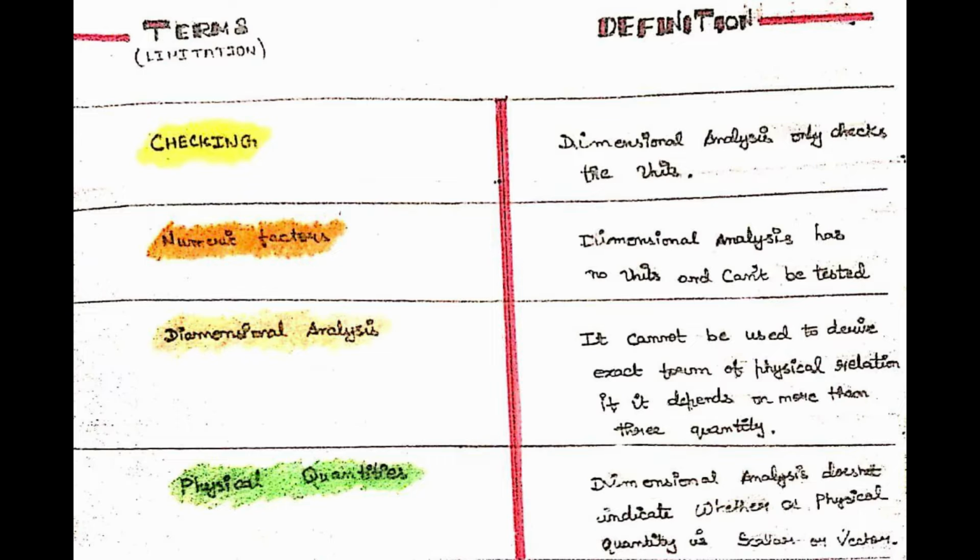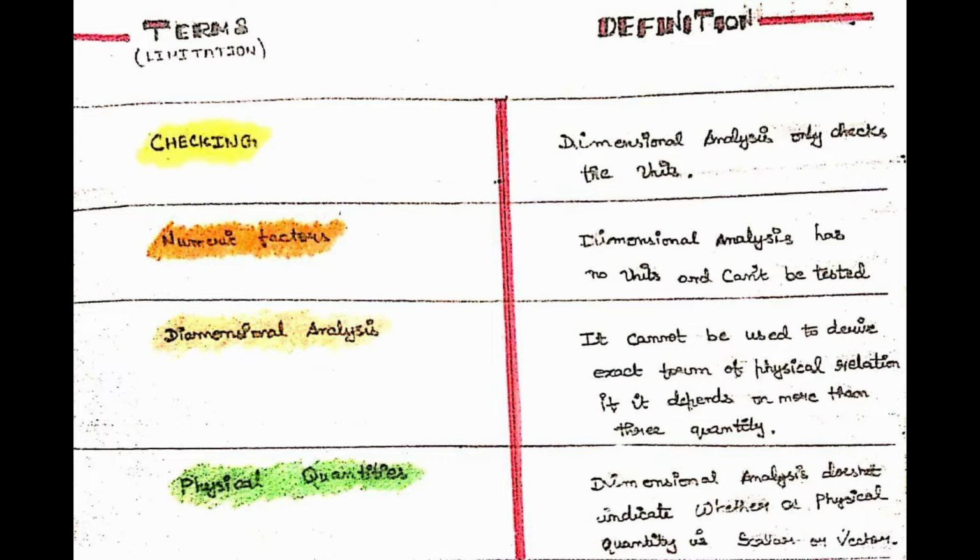First, checking. Dimensional analysis only checks the units. This means that it checks the units of a particular quantity. Next, numeric factors. Dimensional analysis cannot test numeric factors, as they have no units. Third, it cannot be used to derive the exact form of a physical relation if it depends on more than three quantities.